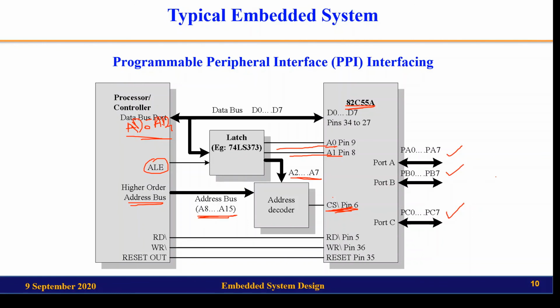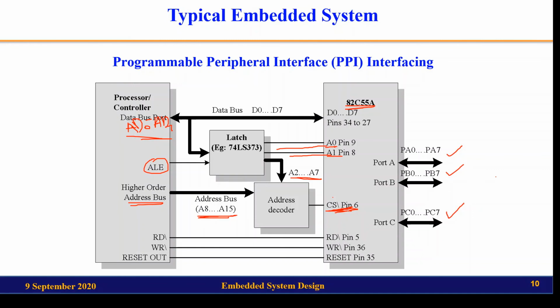This latch separates the address from the multiplexed lines, and it is provided to the address decoder along with the higher order address, A8 to A15. All these addresses get decoded, and that provides a chip select pin to enable or disable the 8255. And A0 and A1 are separately connected to the 8255 for control purposes.